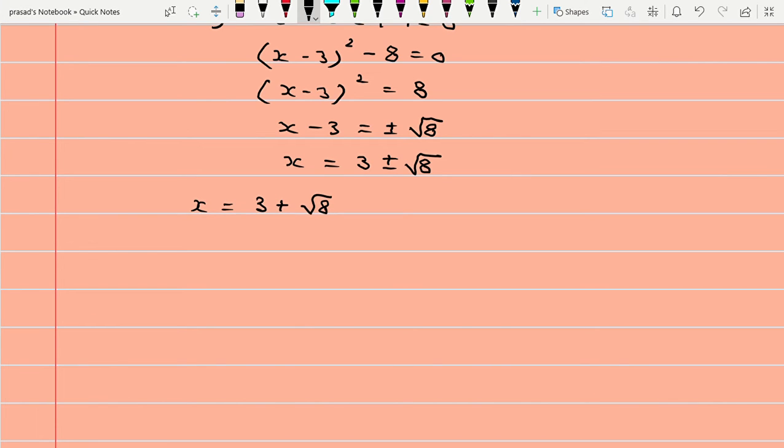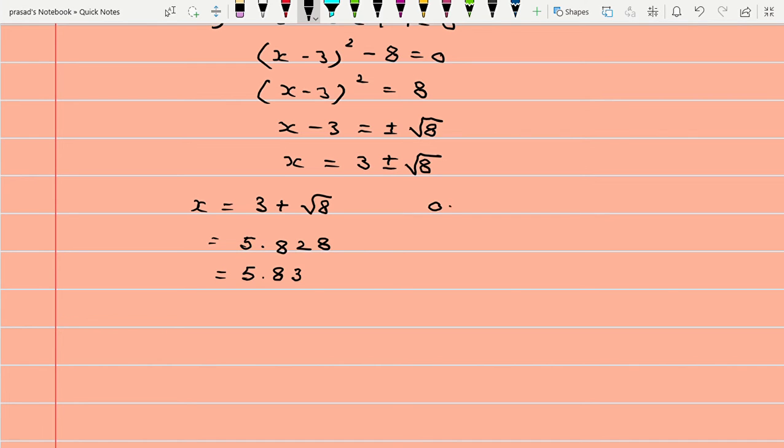Now if you feed this to the calculator, you will get 5.828, and you want it to 3 significant figures. The fourth figure is 8. So what will you do? 5.8, make this 3 because the fourth figure is greater than 5.